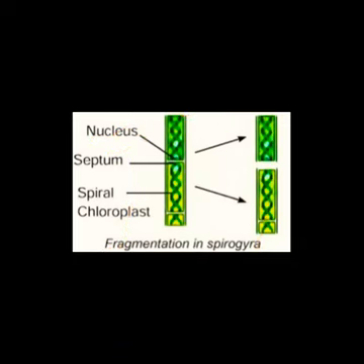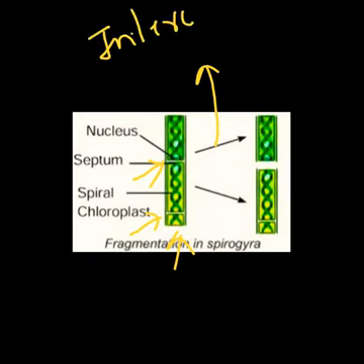Now what exactly happens once the Spirogyra becomes mature? From its internode, say for example, this is one of the internodes, this part is again one of the internodes. So from this internode, it gets cut into pieces. And once it divides into pieces, after that, by the process of intercalary mitosis.